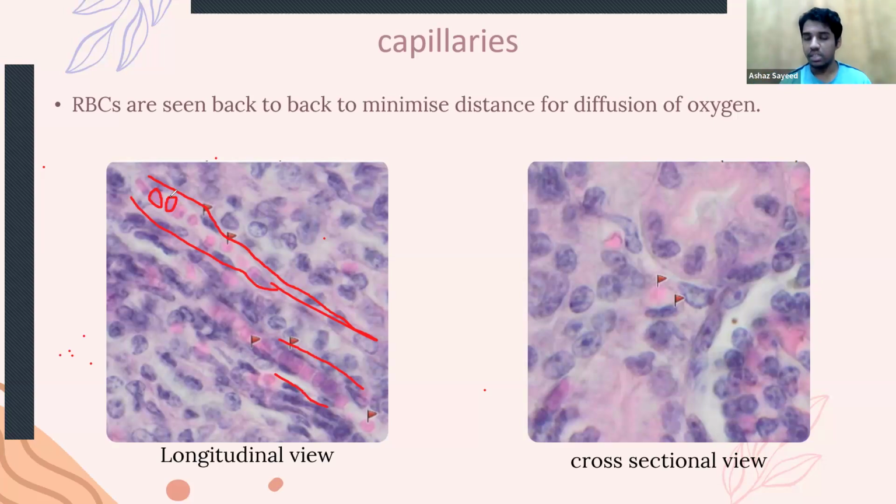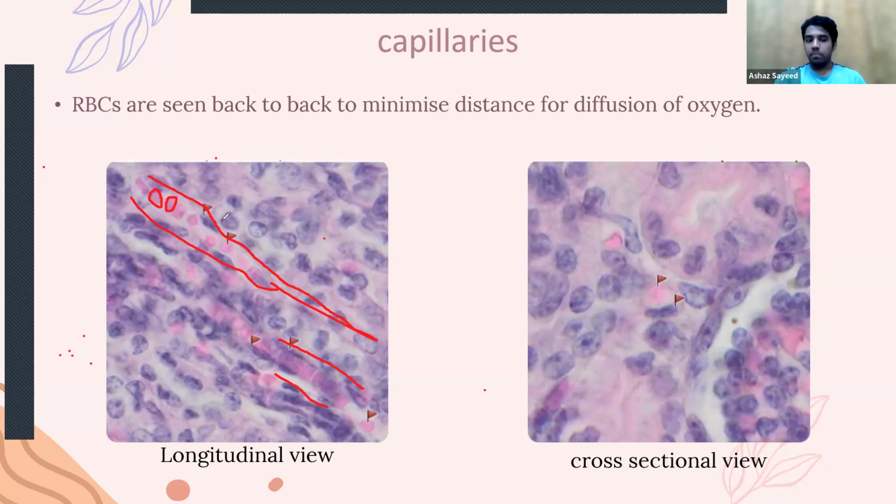These are red blood cells in the capillaries, and you can see how they are back to back. They are not mixed. It's like one RBC here, one RBC here, one RBC here. It tells us two things. One is that the thickness of the capillary is just as big as the red blood cell. One red blood cell is pretty small, and the thickness of capillaries is as thick as that, if not even thinner. So capillaries are pretty small.